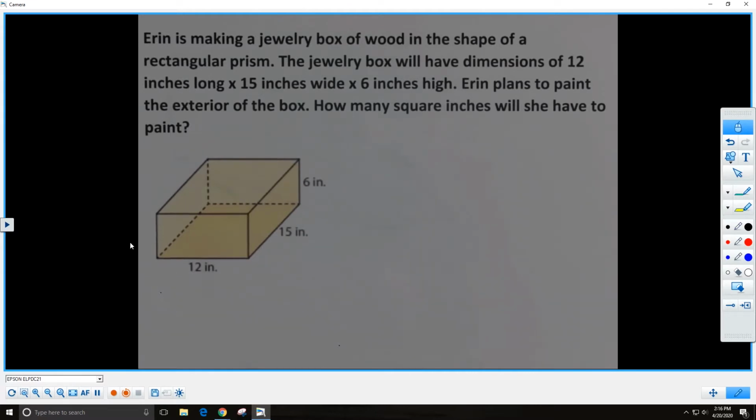We want to identify the bases and the faces. Any pair of parallel congruent faces can be the bases. So let's choose the top and the bottom of Aaron's jewelry box to be the bases.